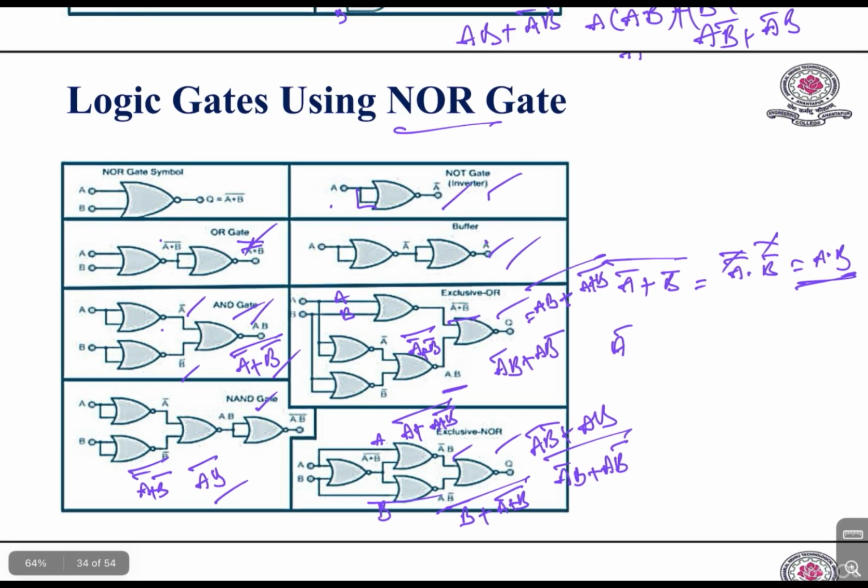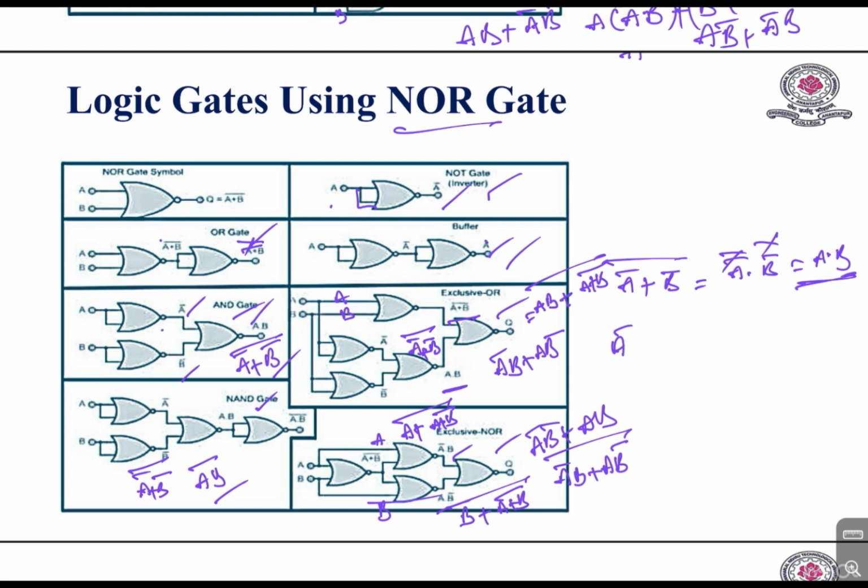So all these are the logic gates: basic gates, universal gates, and then special gates. The basic logic gates are AND, OR and NOT, and one more gate we have discussed is the buffer. The buffer is very helpful wherever impedance matching is required; its purpose is that whatever input you give, the same output you'll get.